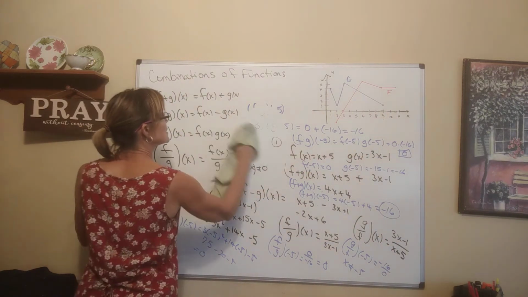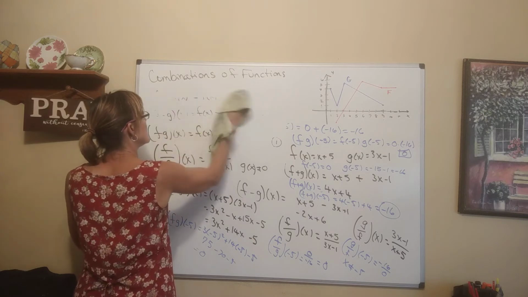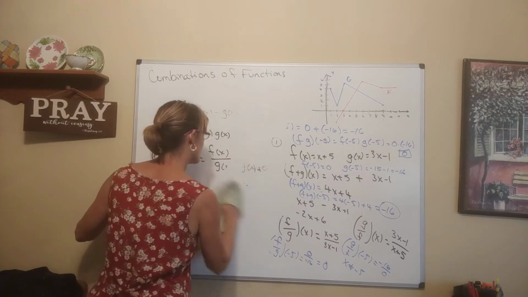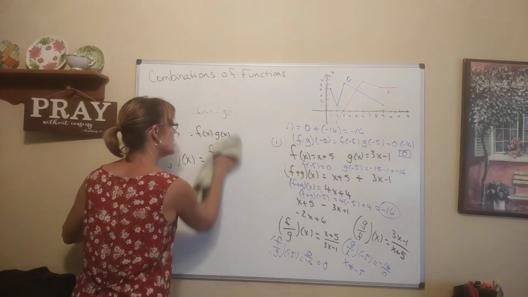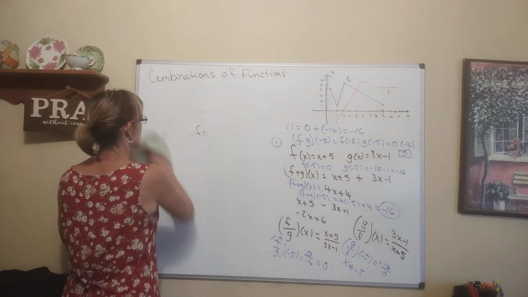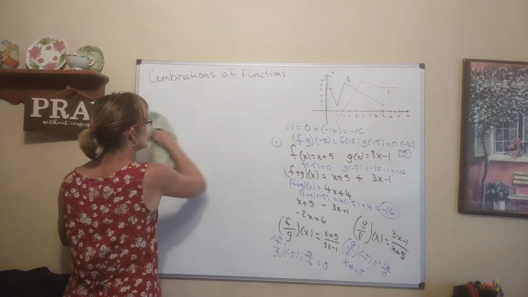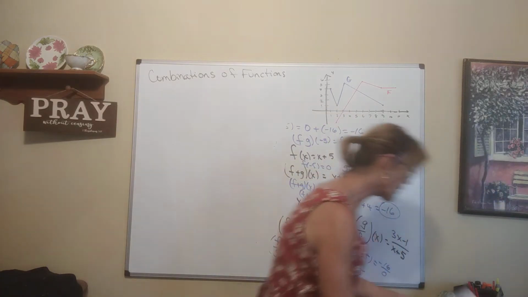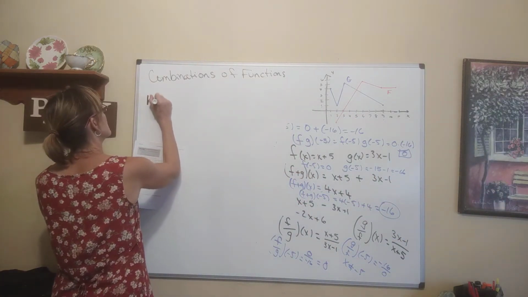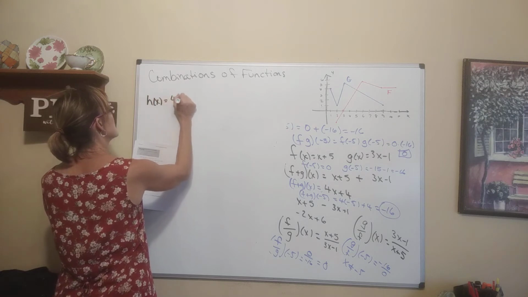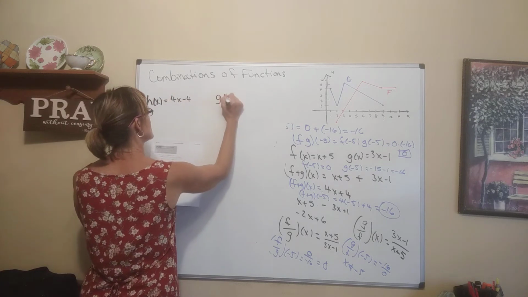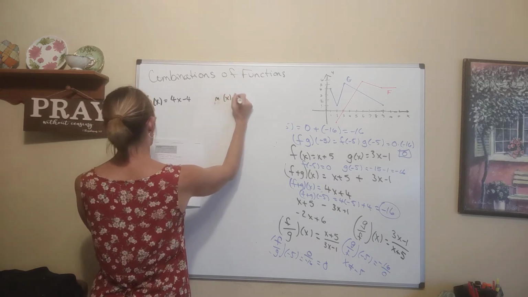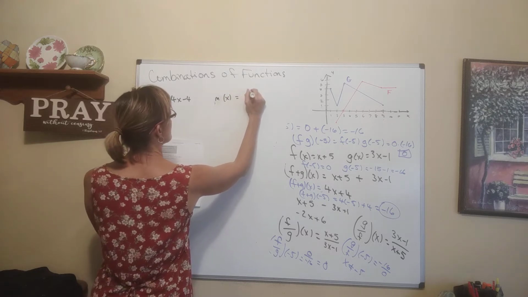So now that you know what these things mean, I'm going to erase this top part. And example 2 goes like this. They gave us 2 new functions. One is called h and one is called m. h of x is equal to 4x minus 4. m of x is equal to x squared minus 9.